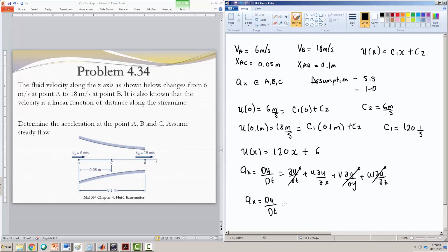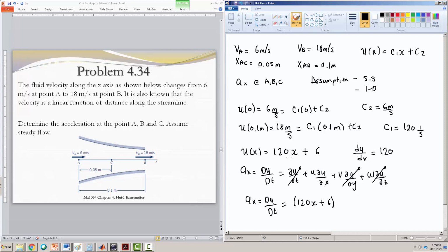Therefore, your acceleration is simply going to be the velocity, which we have as 120x plus 6, times the derivative of u with respect to x. Since u is 120x plus 6, du/dx is simply 120.